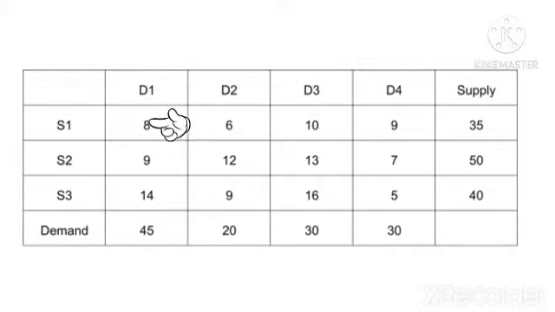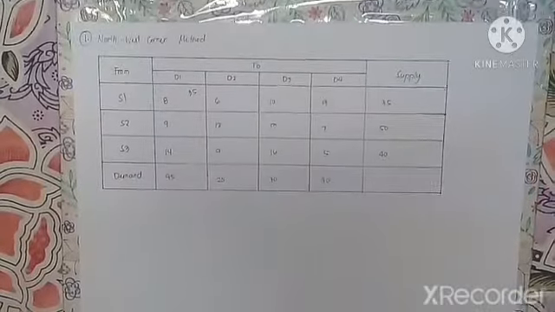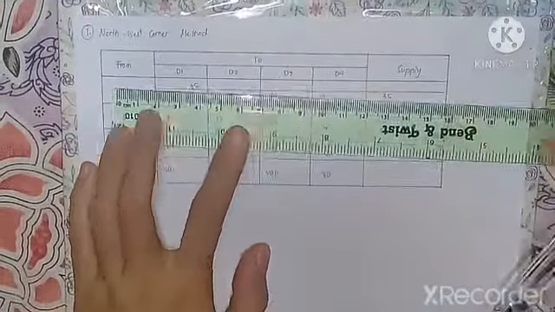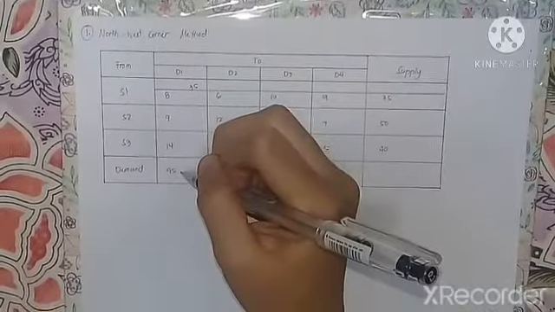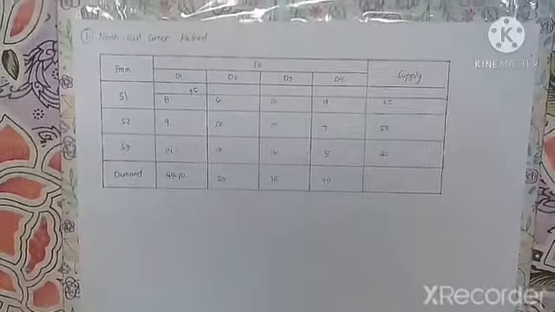For this cell, we have 45 for the demand and the supply is 35. The smallest between the two is 35. This exhausts the capacity of S1 and leaves 45 minus 35 equals 10 units with D1.